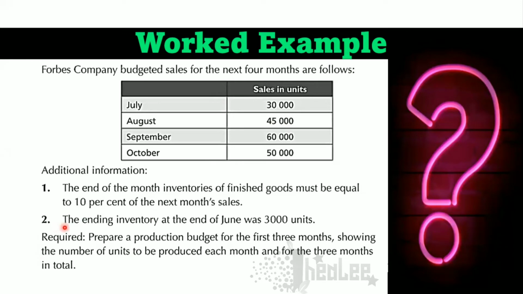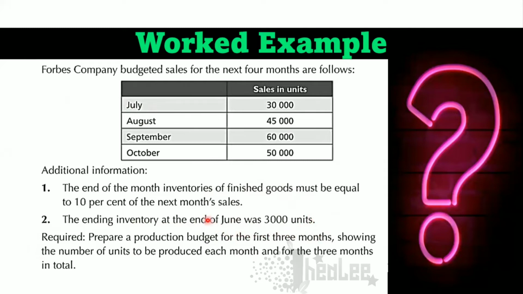Note 2, the ending inventory at the end of June was 3,000 units. And this information is very important because this stands as your opening inventory for July. Now, bear in mind that closing inventory for one period becomes the opening inventory for the next period.